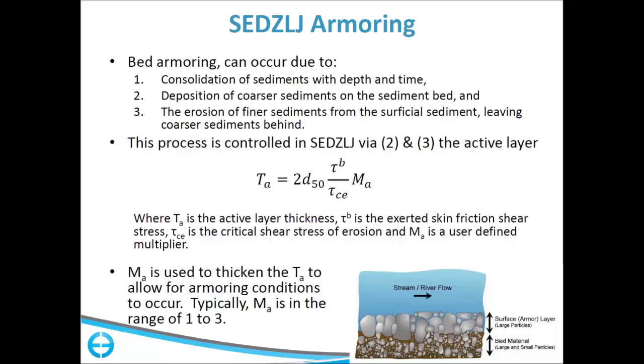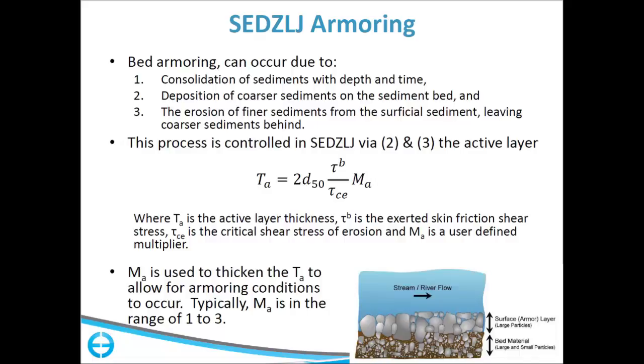And it's based on the D50, the computed average or median grain size of your surface layer, the active layer that's in contact with the water column. So that's changing essentially at every time step, and it's borrowing or putting back sediment into the layers below.